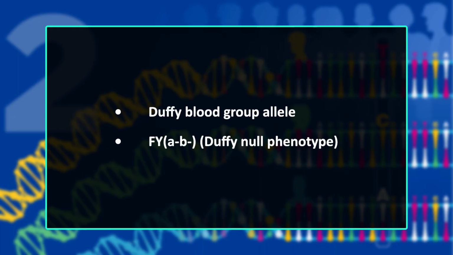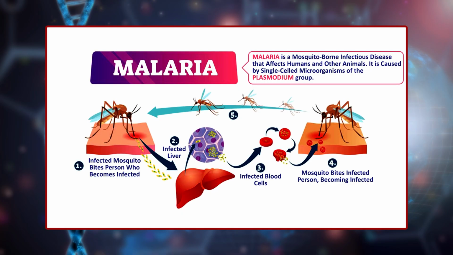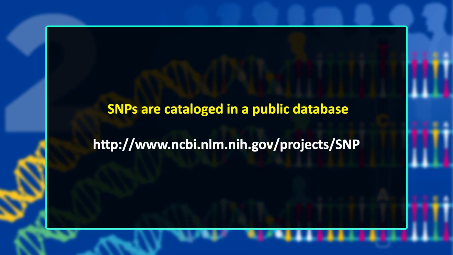For example, Duffy blood group allele, FY small a small b, that is Duffy null phenotype, protects against malaria. So SNPs are cataloged in a public database represented by this particular address. Coding region SNVs may affect the structural and functional aspects of a protein.